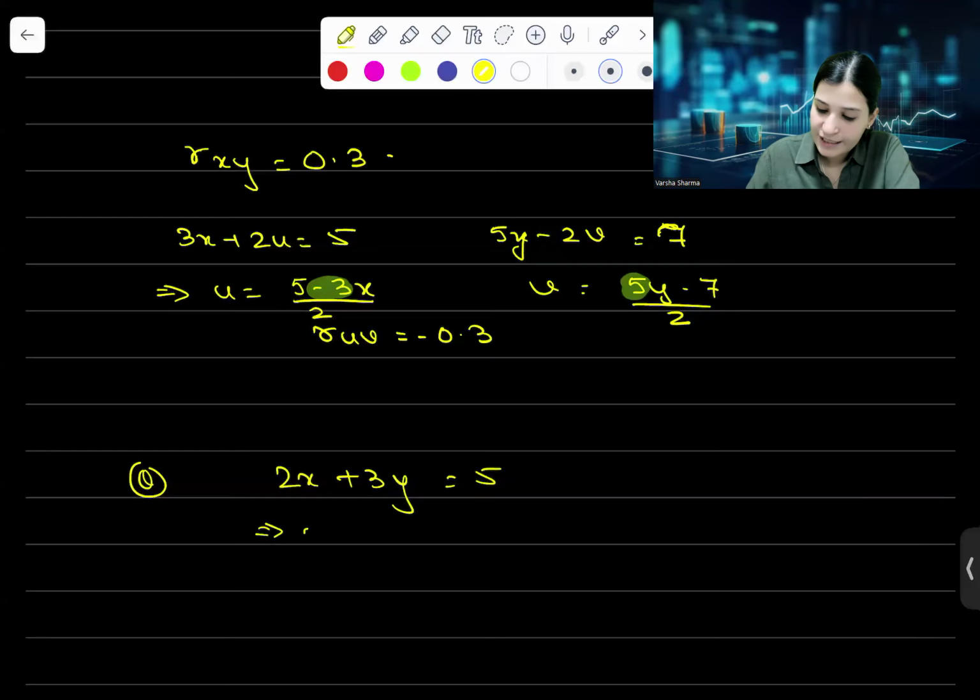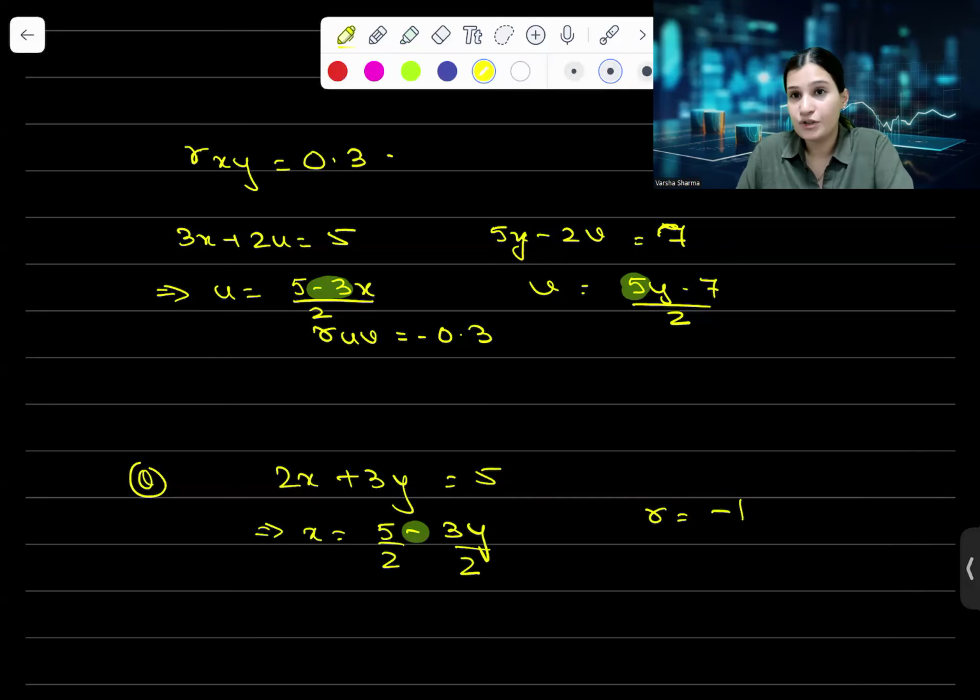Isolate any one variable, whichever you feel like. The coefficient of y is a negative number, so the value of r will be minus 1. If the coefficient would have been positive, then the value of r also would have been positive, plus 1. Is it understood? Everybody clear? Yes, ma'am.